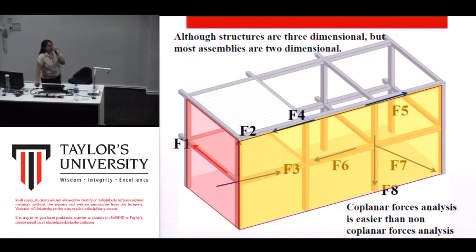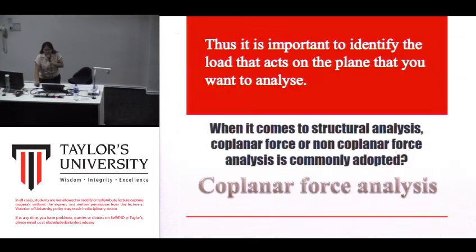Let's look at this diagram. This is a 3D structure, but do you notice that we can further break the 3D structure down into 2D frames? Here there is a frame. The red color plane is actually one frame. The yellow one is another frame. So coplanar forces are commonly adopted because it's much easier.